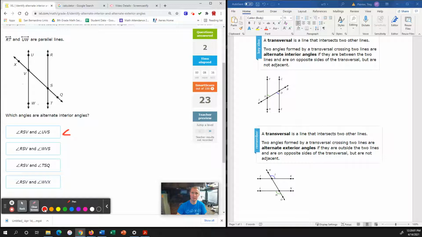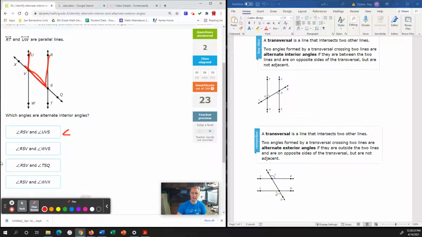We're going to compare RSV, S to V. Okay, nice. Compared to UVS, U to V to S. Now, although they're both on the inside, they're not congruent. So that's not going to work.